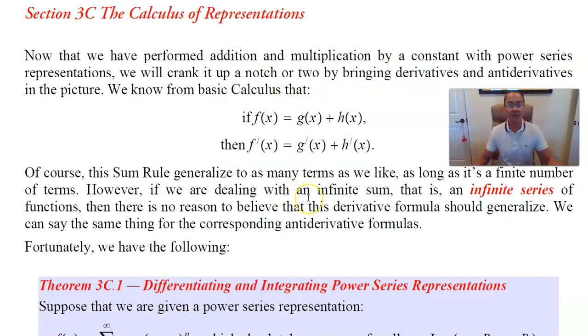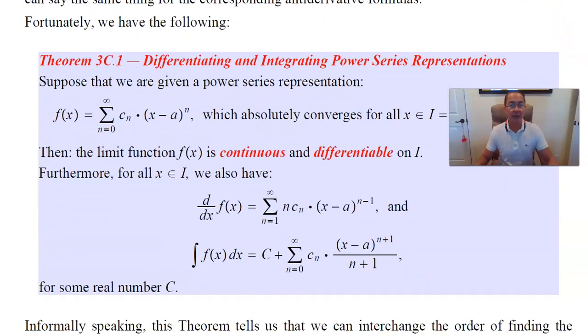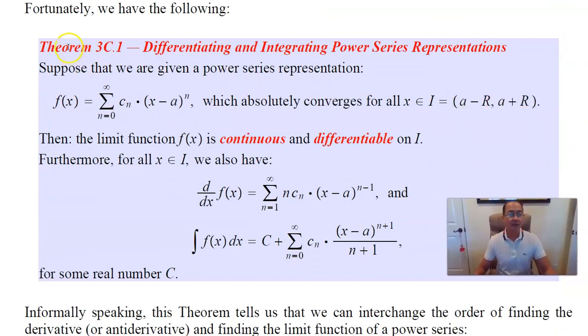But in order to prove it, we need something called uniform convergence. So we're not going to go through the details. Let's see what this theorem says. So we start with a representation: f of x equals the summation from n equals 0 to infinity of c sub n times (x minus a) to the power n.